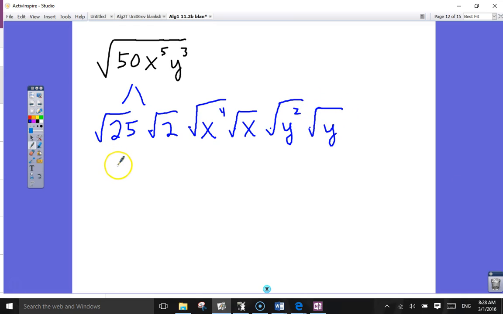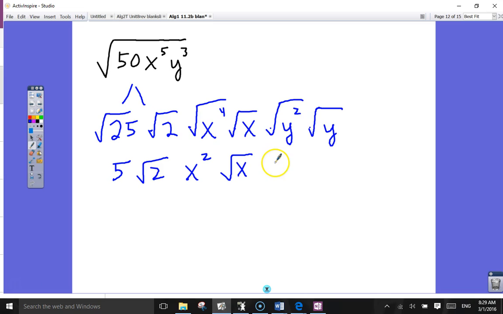What's the square root of 25? 5. Square root of 2? Can't be simplified, right? It's not a perfect square, so you just have to leave it. How about the square root of x to the fourth? X squared. How about the square root of x? It's not the square root of a perfect square, so it has to stay. Okay?